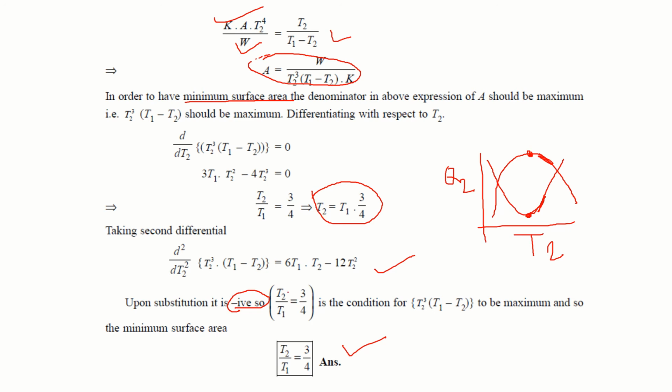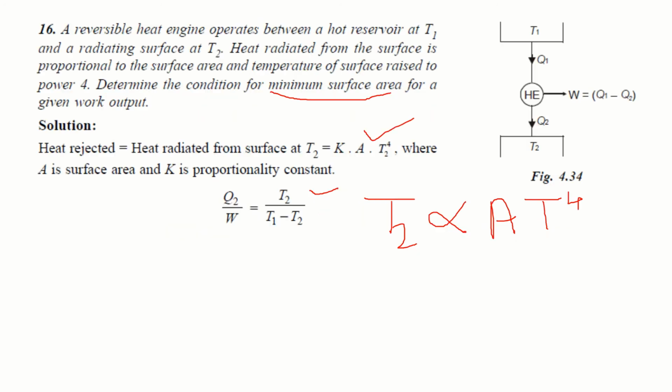So T2 by T1 is equal to 3 by 4 is the condition for T2 cube times T1 minus T2 to be maximum. Correct? Because second differential is negative. And so the minimum surface area is at T2 by T1 equal to 3 by 4. This will be maximum, then this surface area is minimum. That's the kind of thing.